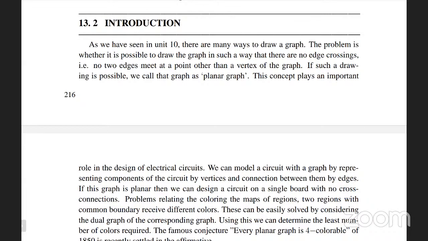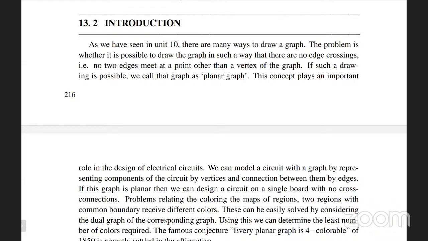When we can design the circuit on a single board with no cross connections, and with the problems related to coloring the maps, here we can model a circuit with a graph by representing the components of a circuit by vertices and the connections between them by edges.